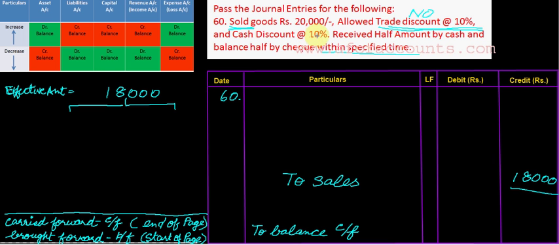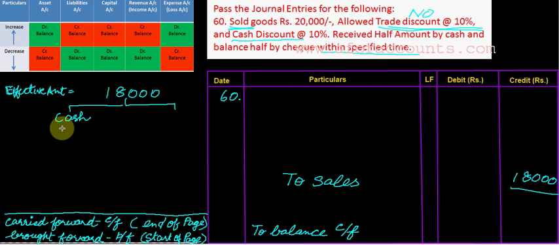and cash discount of 10%. I have to give cash discount, and cash discount is recorded in the books of accounts. It is to be given at the time of payment. Now what it says further, received half amount by cash, that is out of 18,000, the half amount is received in cash.